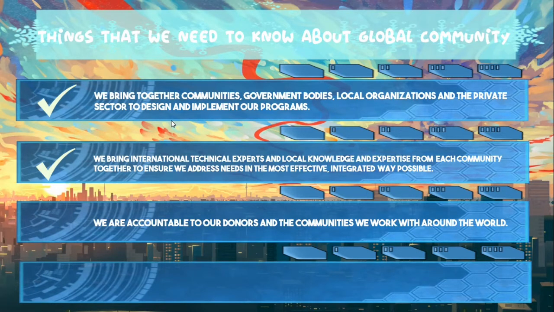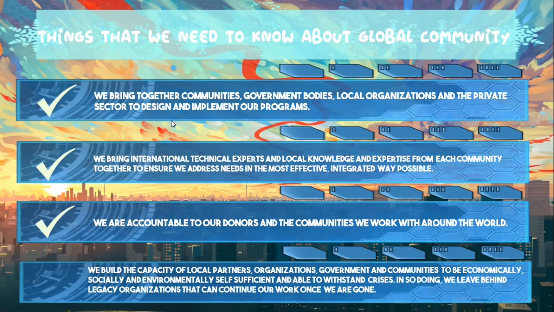We are accountable to our donors and the communities we work with around the world. We build the capacity of local partners, organizations, government, and communities to be economically, socially, and environmentally self-sufficient and able to withstand crisis.